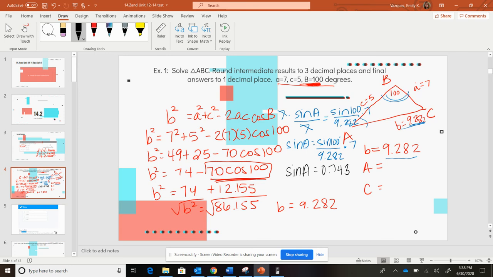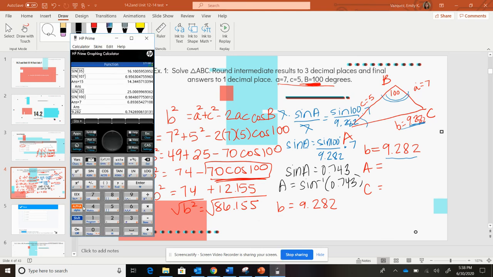And I have to get rid of this sine here. So to find A, which is an angle, I need to plug into my calculator sine inverse, which is not an exponent. We're using the shift button, right, you guys? The arcsine. So in order to do that, I'm going to hit shift and my sine.